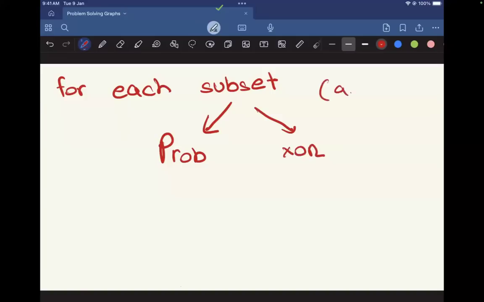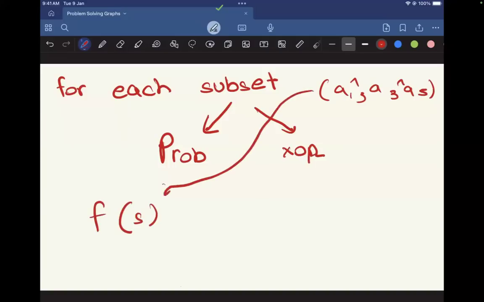Like if I give you A1, A3, and A5, you can tell me the XOR of its elements, yes or no? So f of s, or f of this set, is equal to the XOR of this set.